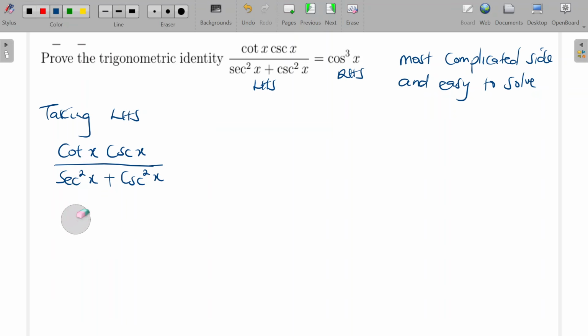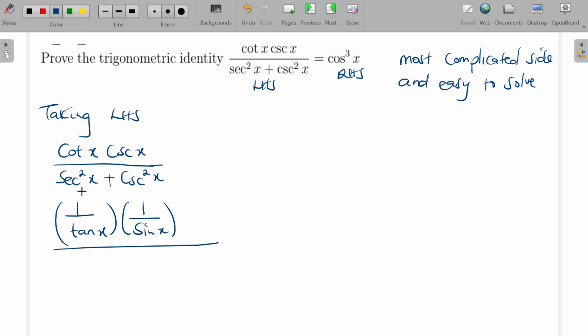You're going to say that cot x is 1 over tan x, then multiplying, cosec x is 1 over sine x, over, here at the bottom, sec squared x, which is the same as 1 over cos squared x, adding with 1 over sine squared x.